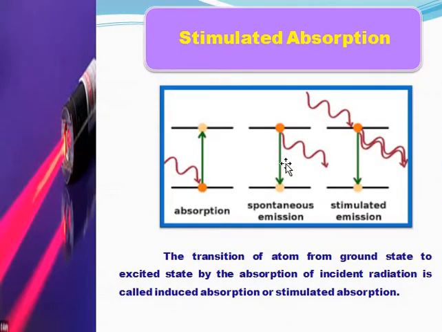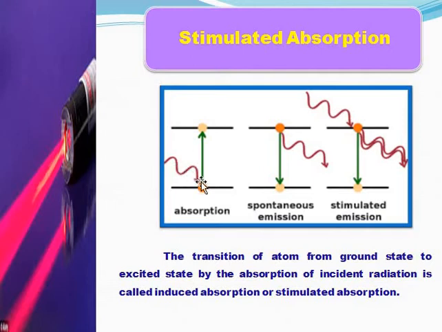Okay, let us study stimulated absorption. In this case, the atoms in the ground state absorb the incident photon energy and make a transition to a higher energy level, and if that higher energy level is a metastable state, these atoms stay there for a lifetime of 10 raised to minus 3 seconds, of the order of milliseconds.